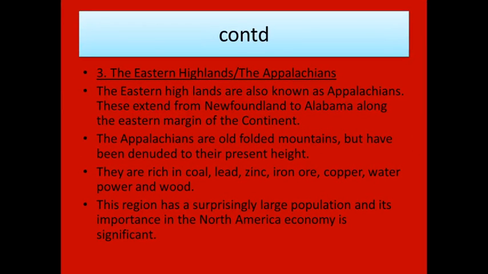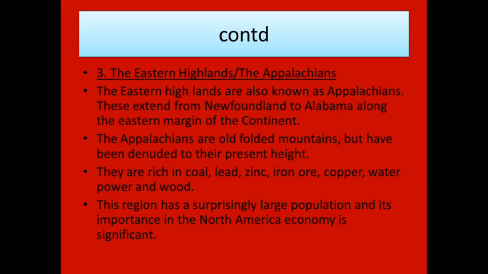The third physical division of North America is the Eastern Highlands, which is also called the Appalachians. These extend from Newfoundland to Alabama along the eastern margin of the continent.